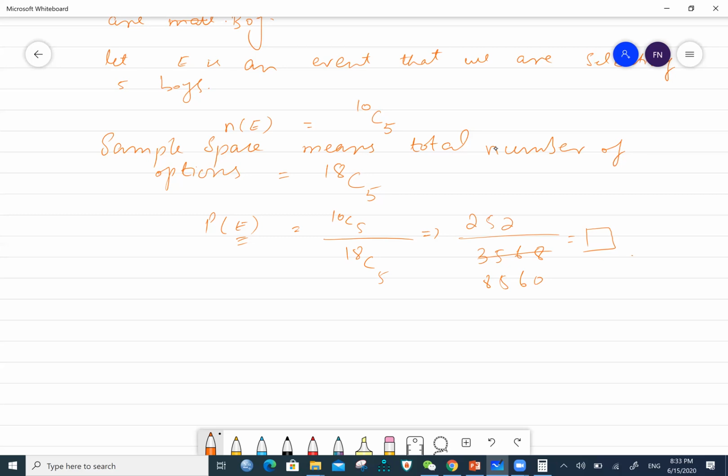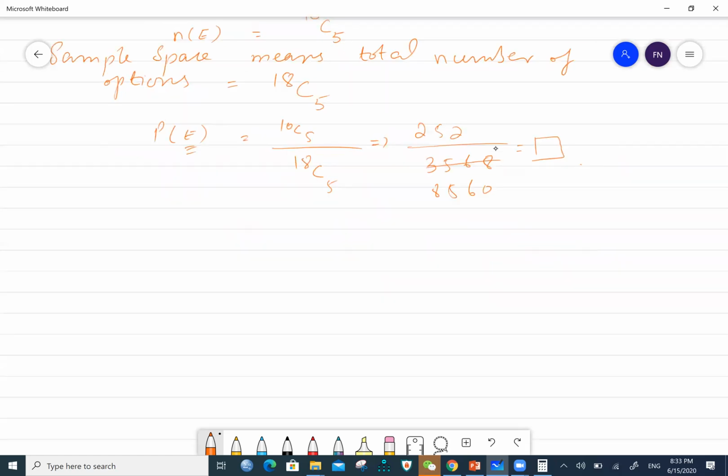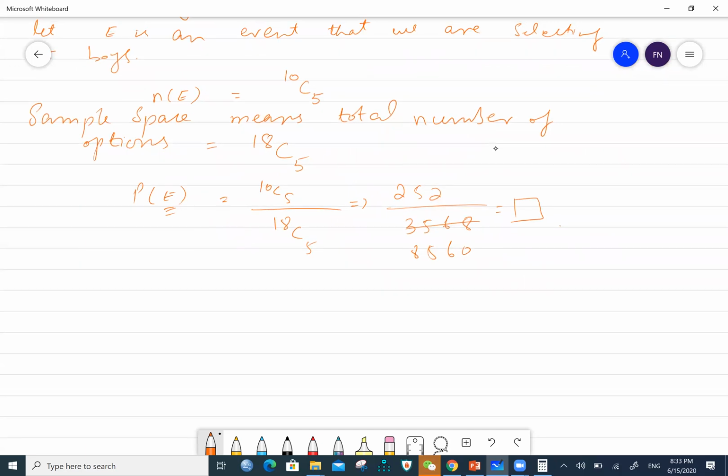How do I enter this value into the calculator? There is a function called NCR. You can see it would be written like NCR. Either it will be on a button or on top of the button.